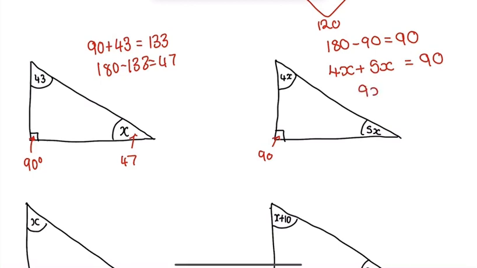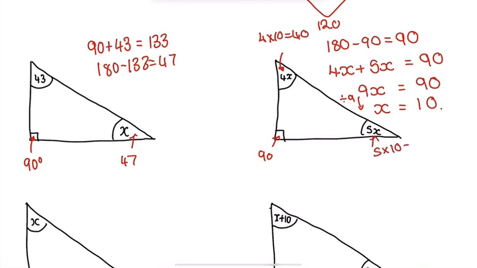So therefore 9x is equal to 90. Now to solve this, I just need to divide both sides by 9, which leaves me with x equals 10. Therefore, we can say that this angle here is 4 lots of the 10, which is 40, and this angle here would be 5 lots of the 10, which is 50.